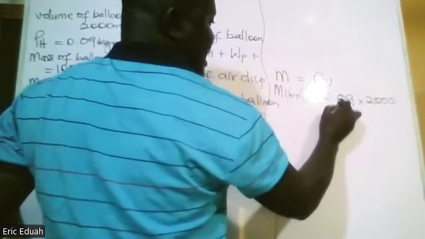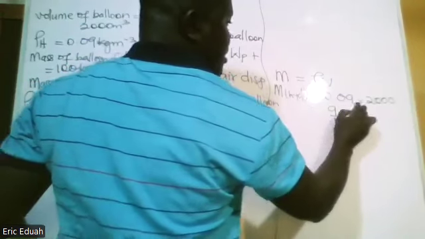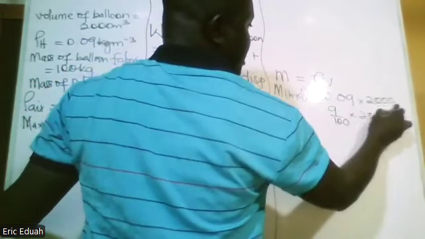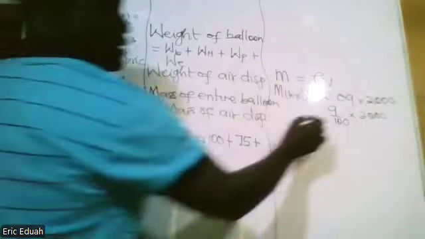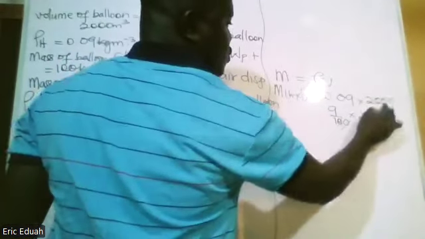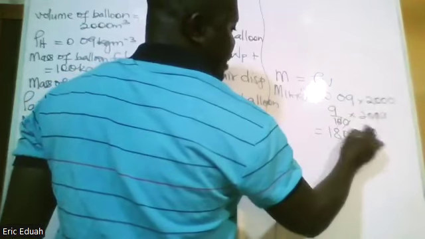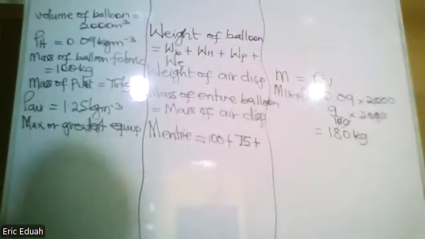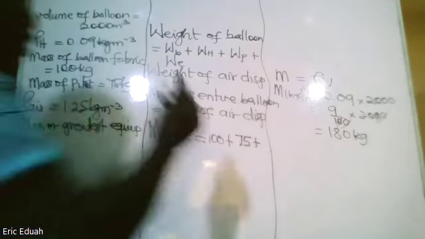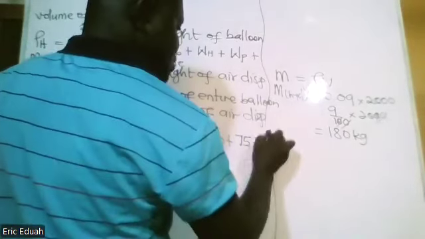Therefore, we have 9/100 times 2,000, so we have 180 kilograms as a mass of hydrogen gas within. So plus 180.